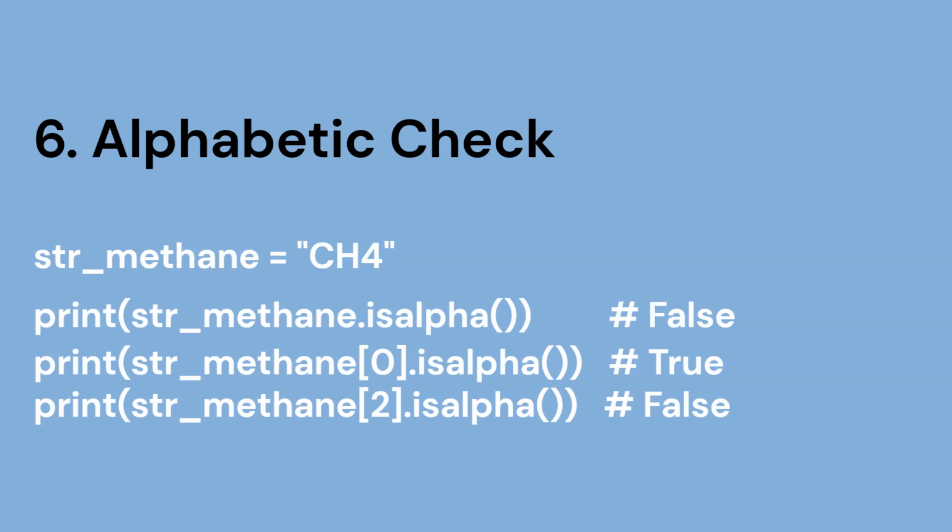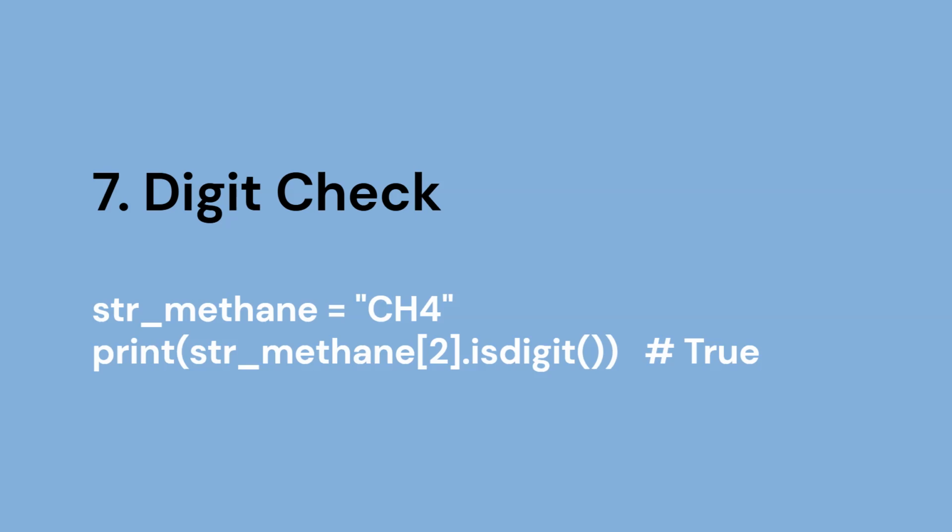In CH4, the 4 ruins the party, but checking individually shows which are atoms and which are numbers. 7. Digit check. Print string_methane[2].isdigit() gives True. Dot isdigit does the opposite, spotting numbers, perfect for identifying atom counts in formulas.